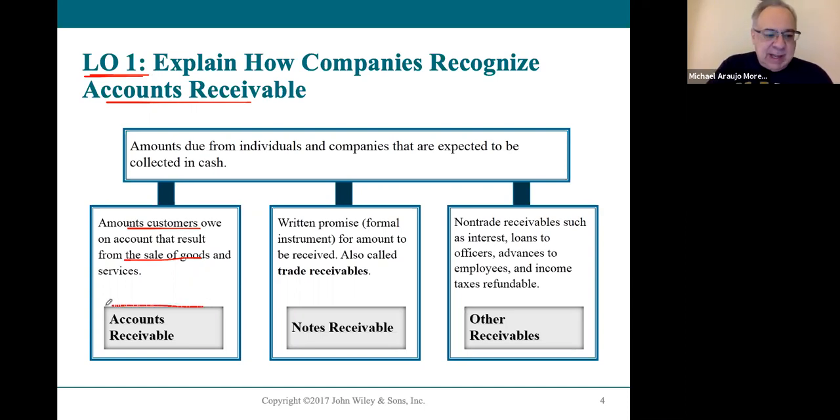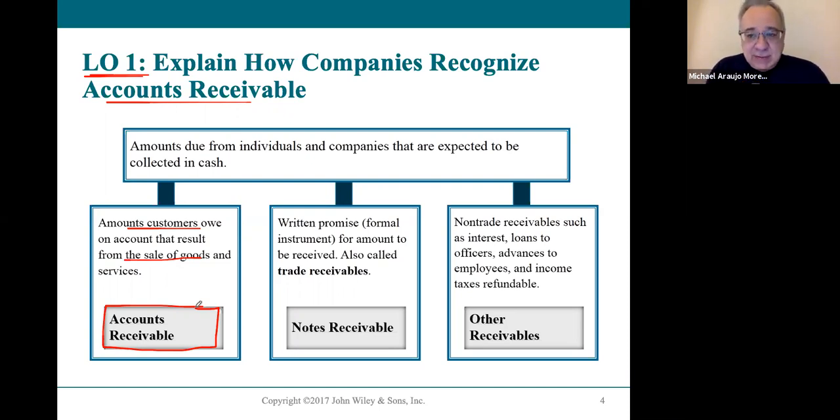And that's basically how an accounts receivable is born. Now, you and I can't usually get away with this as individuals. We can't walk into Walmart, grab a bunch of stuff and say, okay, I'll pay you in 30 days. I mean, they'll have the police on your tail quickly. But businesses do this with other businesses.